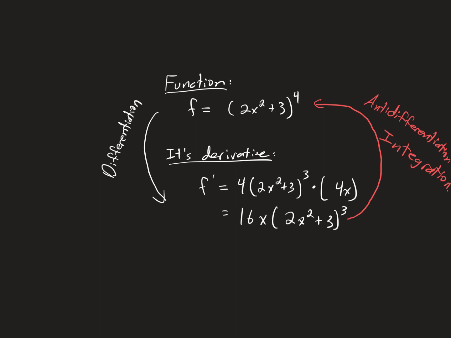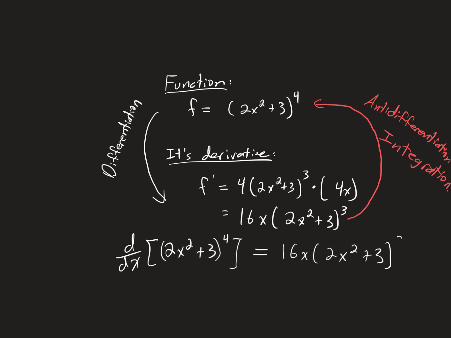If you wanted to find the derivative of a function, you would start by saying d dx of the thing. And because we've already shown what the derivative is, I could say this is equal to 16x times 2x squared plus 3 raised to the third, right? Because I had a function, I was taking its derivative, and I ended with this result. And that's all that this line says.